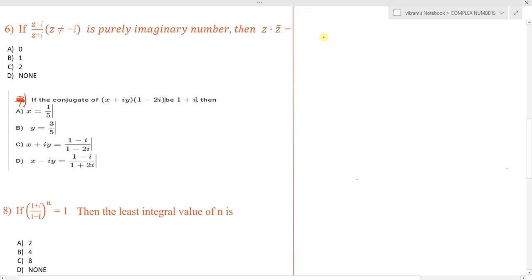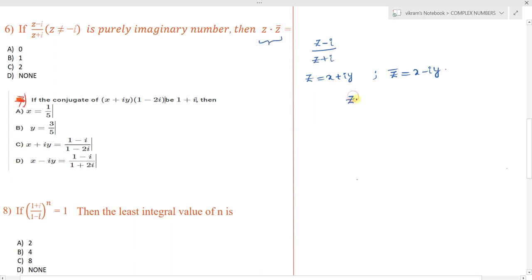So first, the question is given as (z minus i) by (z plus i). Let's consider z equals x plus iy, and then its conjugate is x minus iy. Then what is our result? It must be z into z conjugate.